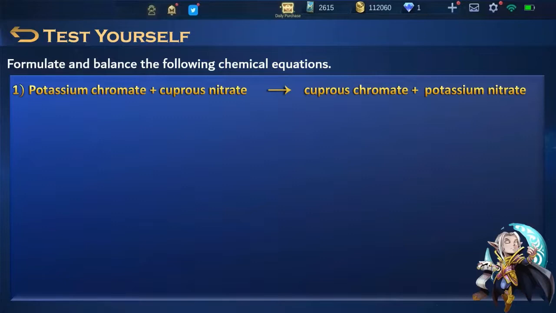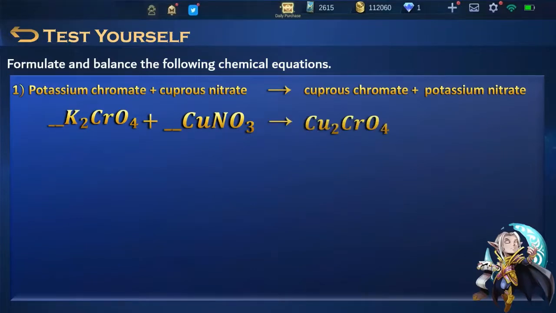Okay. Potassium chromate, that is K2CrO4. Cuprous nitrate, that is CuNO3. And cuprous chromate, that is Cu2CrO4. And potassium nitrate, the formula is KNO3.